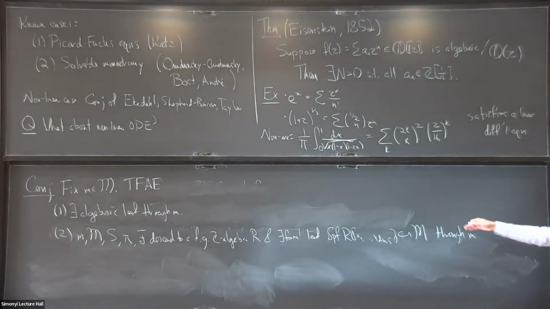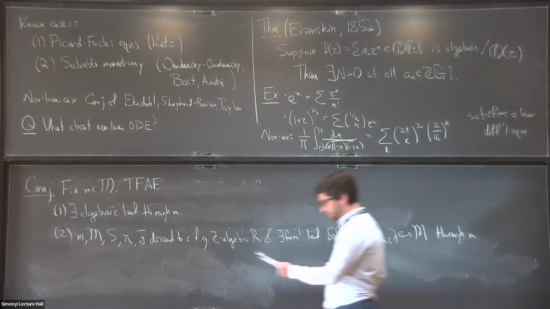So what does this really mean? It means that if you write out the formal leaf over C in terms of power series, the coefficients of those power series lie in a finitely generated Z-algebra. That's all that means. So really the same condition from before.